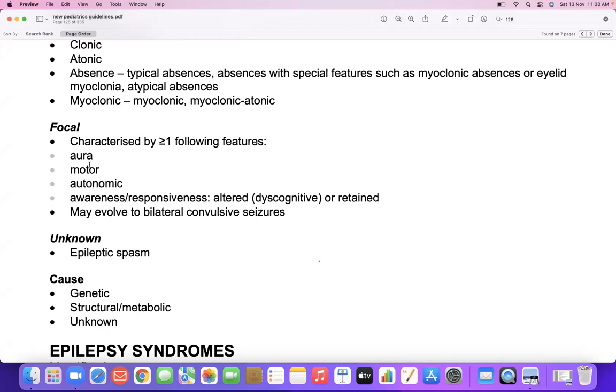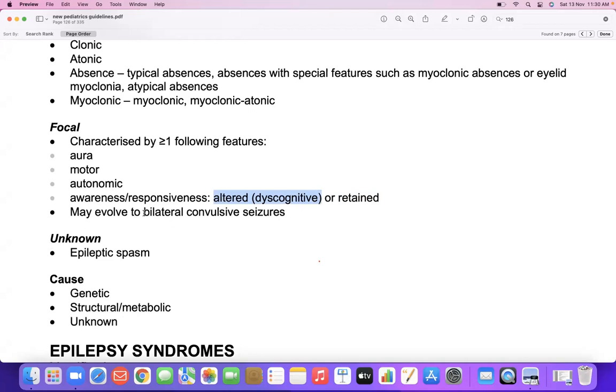Focal seizures are characterized by more than one of the following features. They can have aura, and also it can be motor, it can be autonomic, and also awareness and responsiveness can be altered or retained. As I told you, they can be conscious or they can be unconscious, with an altered level of consciousness.